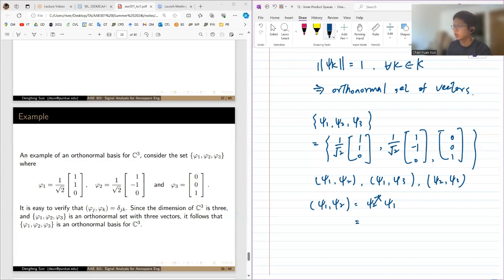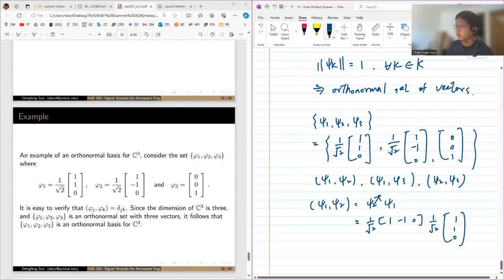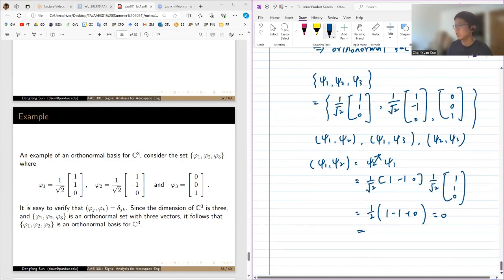So that's 1 over square root of 2 times (1, negative 1, 0), times 1 over square root of 2 times (1, 1, 0), and that will be 1/2 times 1 minus 1. That's 0. So this implies that psi 1 is perpendicular to psi 2. And here we have psi 1 and psi 3.